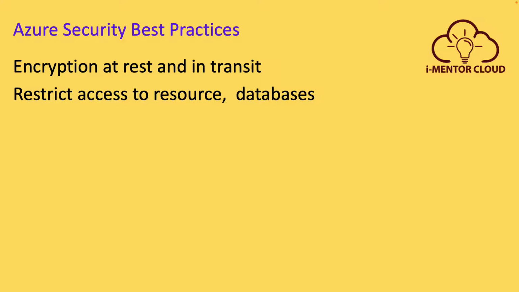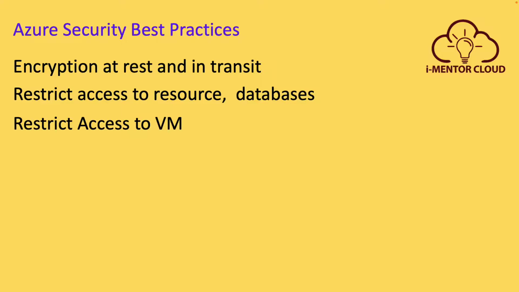It can even be object storage or your regular storage in any cloud environment, as well as databases. It could be a database on a VM, or it could be a database cluster in a platform as a service. So you have to make sure access restriction policies are configured. Same back to restricting access to the VM, as I just said.